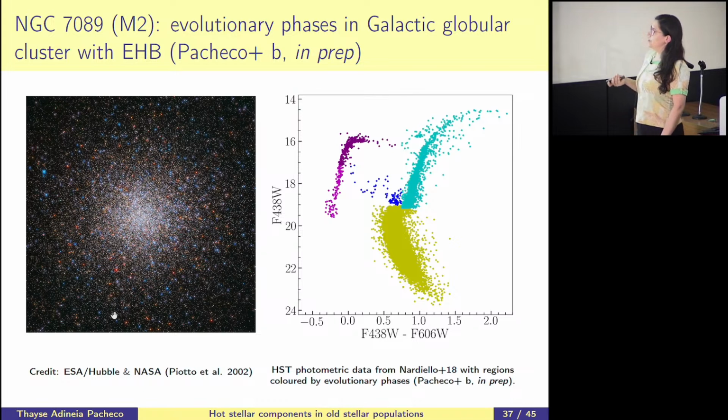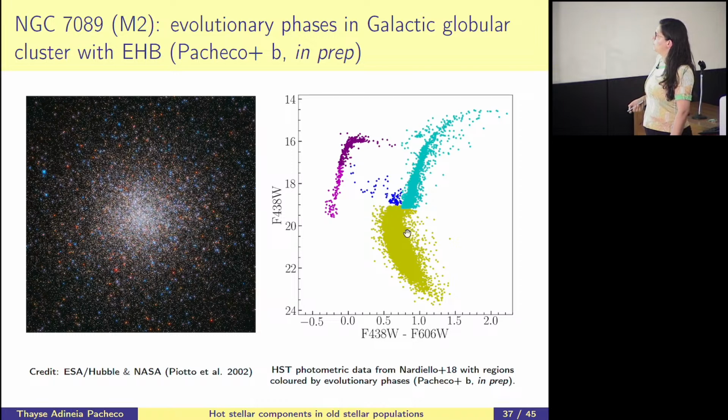And here I'm showing another globular cluster, which is NGC 7089 or M2. Again, we are looking at the color magnitude diagram, and we separated the evolutionary phases in this galactic globular cluster with an extreme horizontal branch.